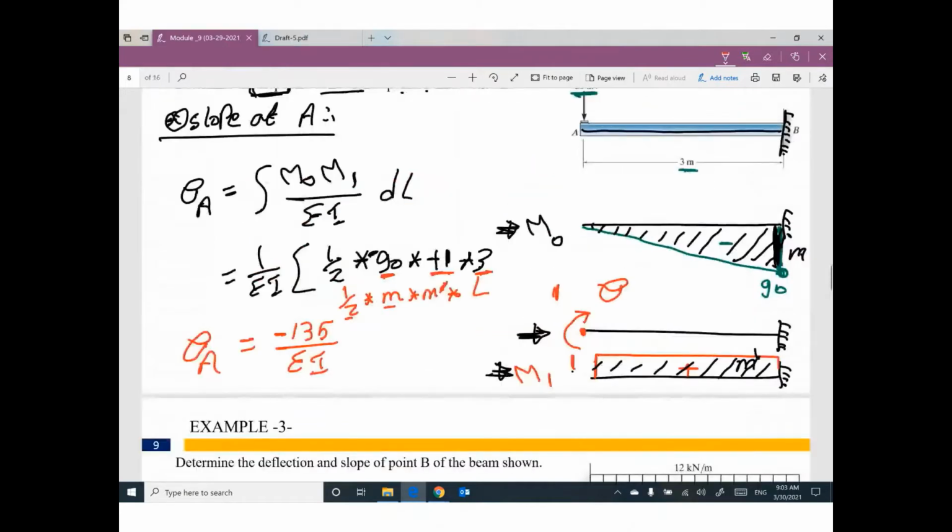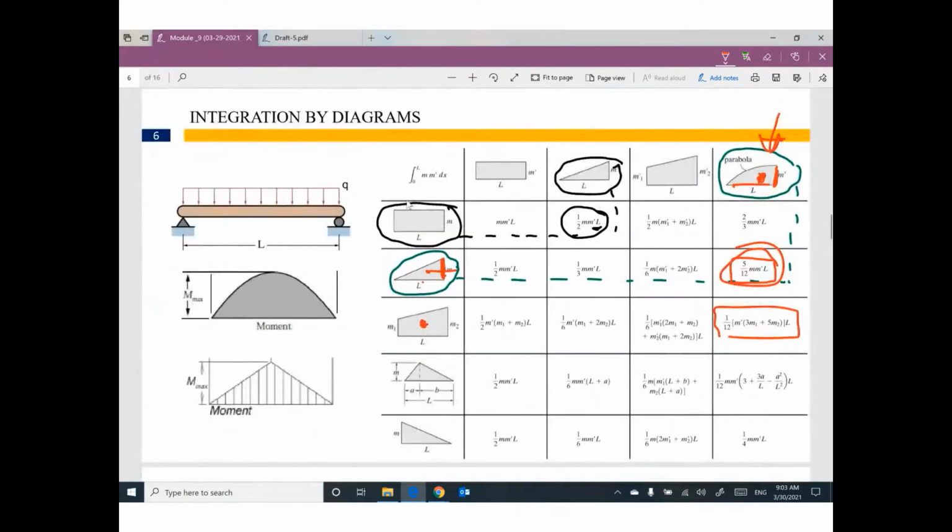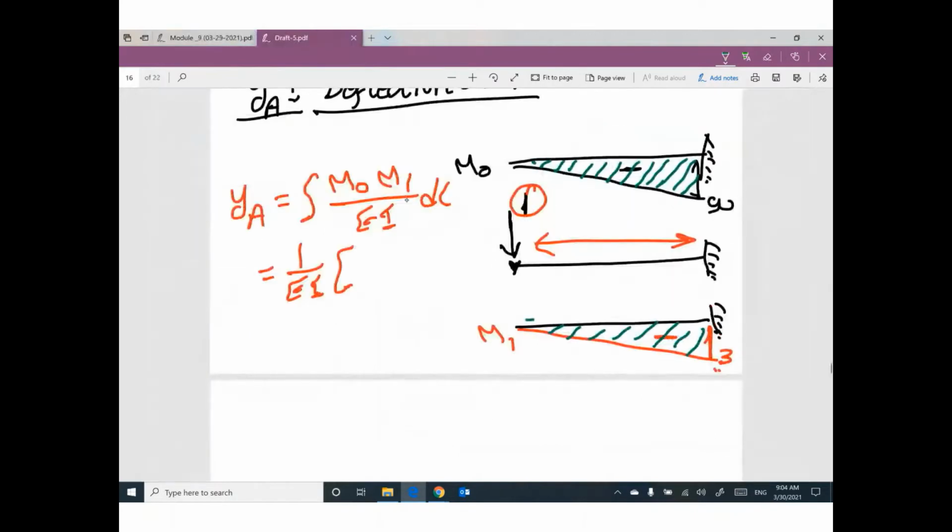Do you have in your table of integration triangle with triangle? Yes, we have this one by this one. So I'm going to use this equation: 1/3 M times M times L. 1/3 times this M negative 90 times this M negative 3 times this length 3 meters.